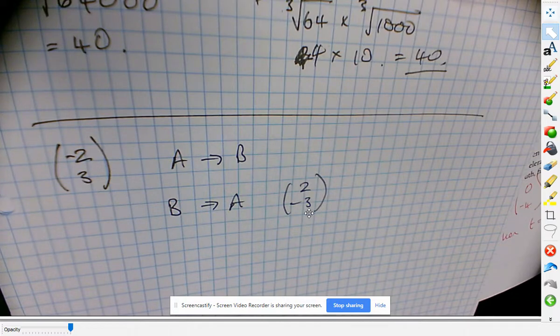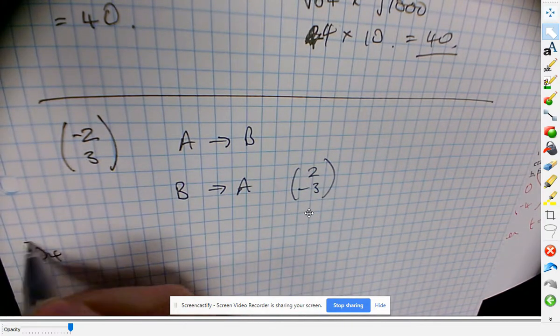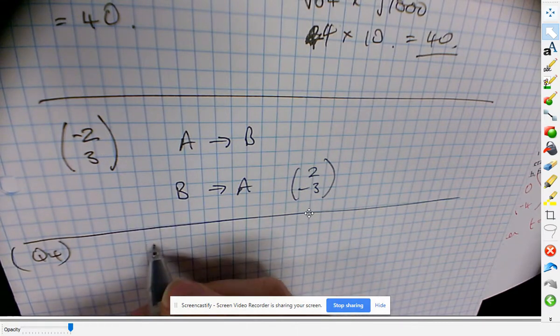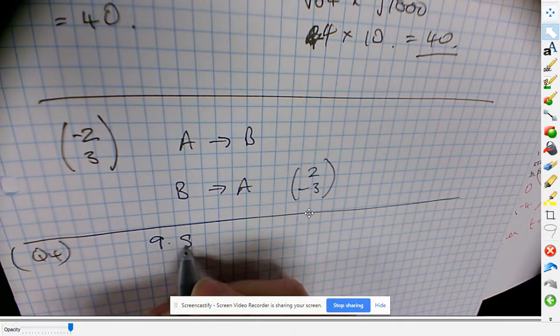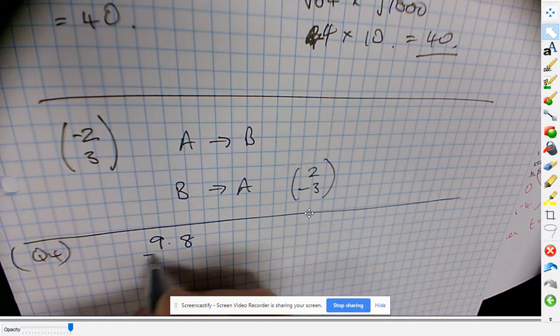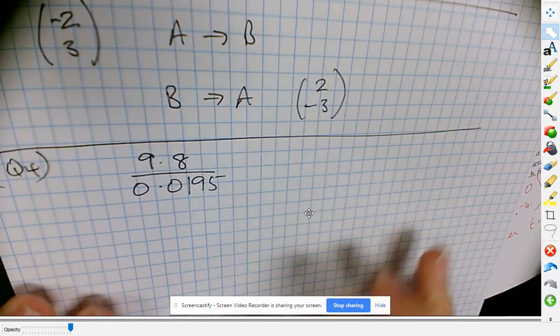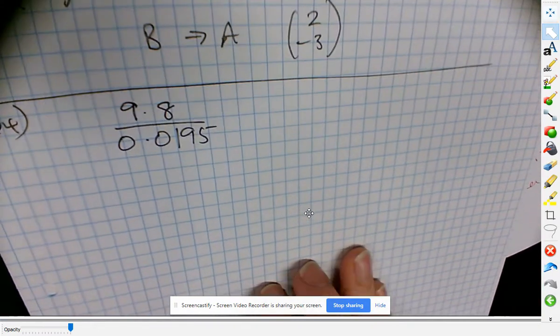Okay? We're skipping question 3 because most people got that right. Question 4. So this is an estimation question. Question 4 says, circle the number that's closest to 9.8 over 0.0195. So this is basically estimation.